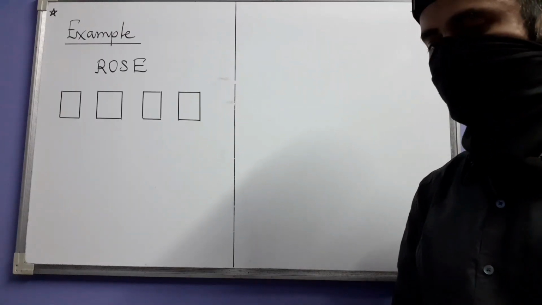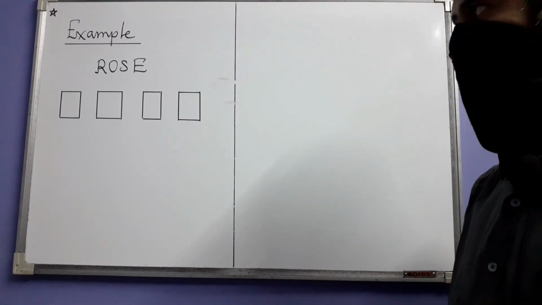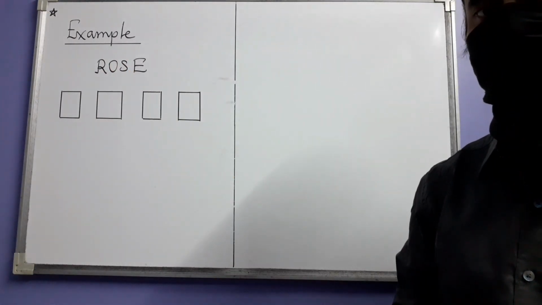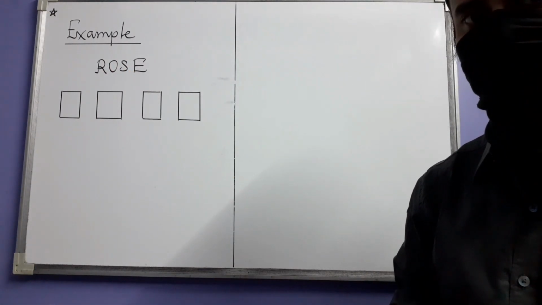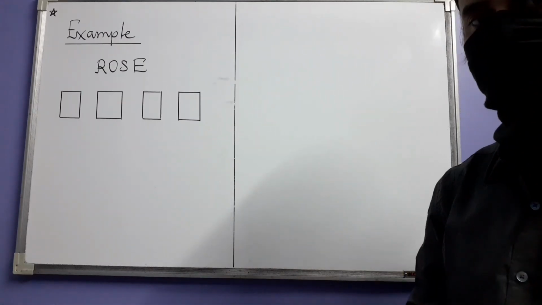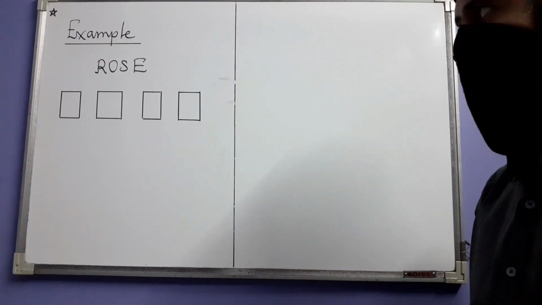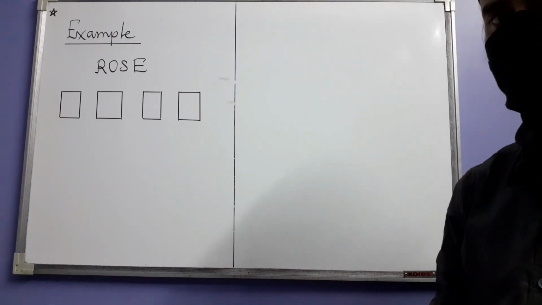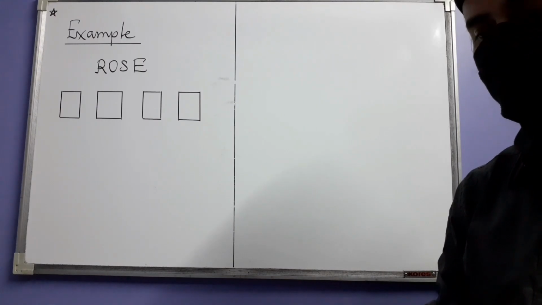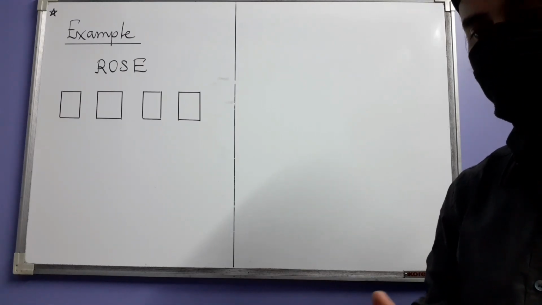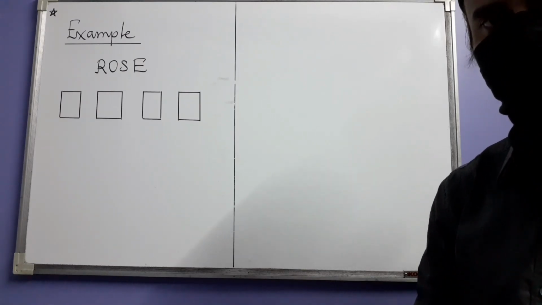This example also asks the same thing, but in this case the word is rose. It has 4 letters, R, O, S and E. So there are 4 boxes to be filled. Now what are the ways we can do this? Let's first write down the ways, actually writing down all the ways, and then we will try to see how the number is coming.